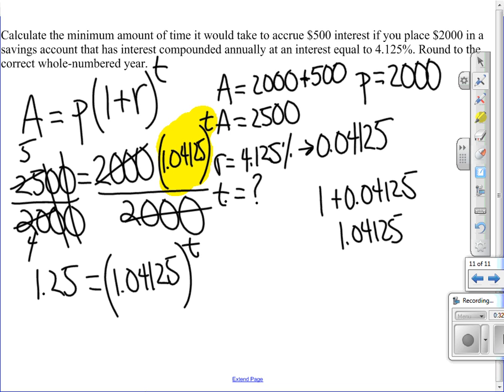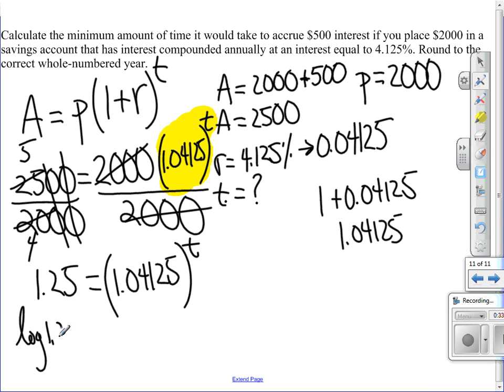Our t is being held hostage by the 1.04125. How do we liberate it? Liberate log. Liberate log. We want to liberate our t, so we are going to log both sides. All right. So here is log both sides.